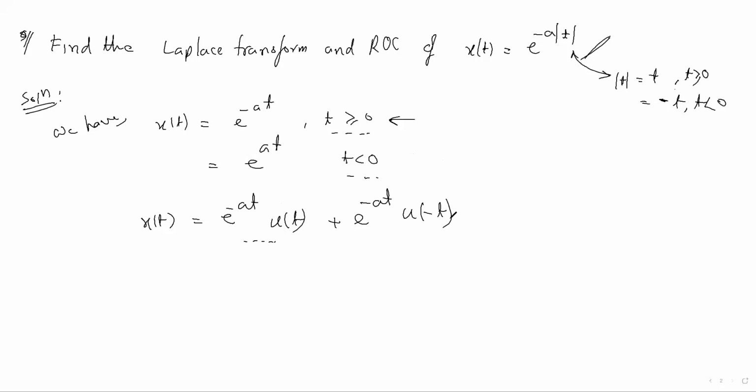If t equal to 0, then x of t equal to 1. Yeah, obviously if t equal to 0, the value of e to the power 0 is 1. Yes. Then what do you want to say?